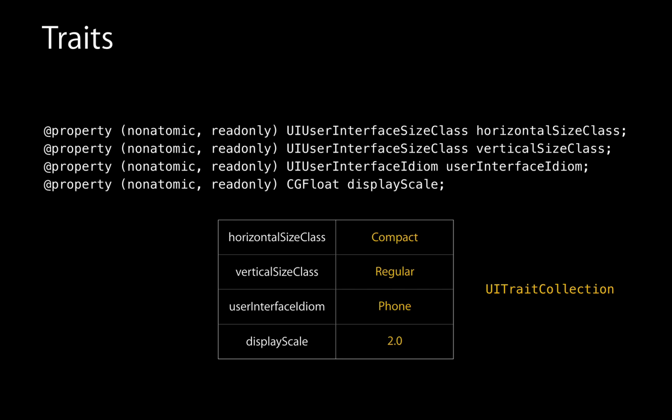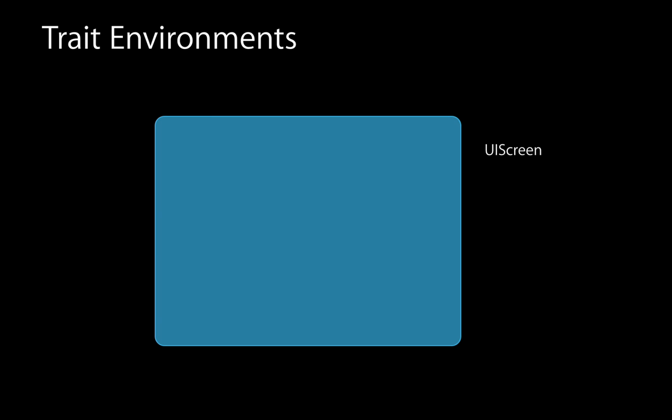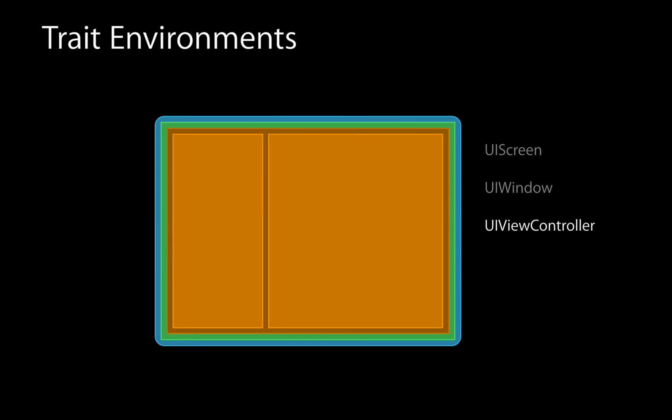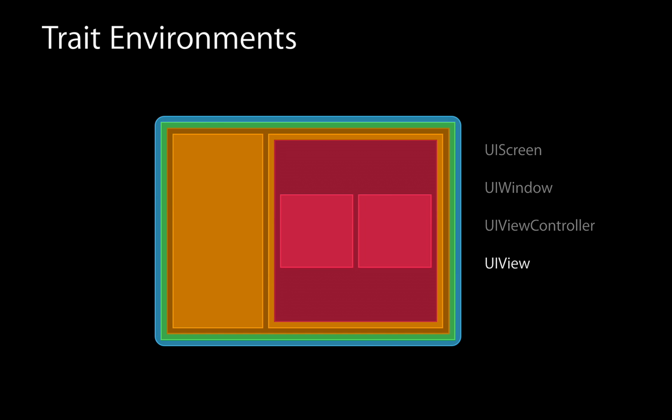To get one of these trait collections, you just need to use a trait environment. Trait environments are a new protocol that are able to return their current trait collection. And these include screens, windows, view controllers, and also views. All of these are able to return their current trait collection to you to use to determine how your interface should be laid out.